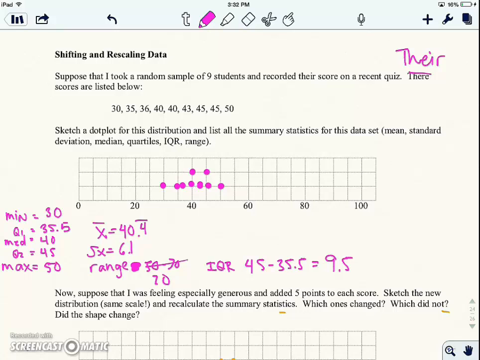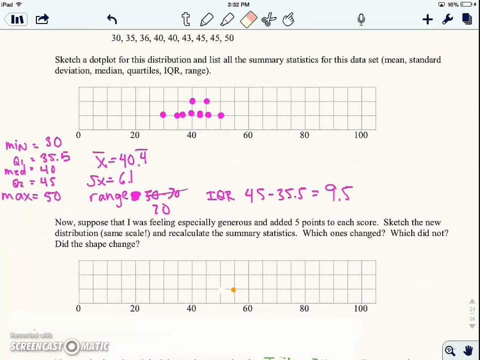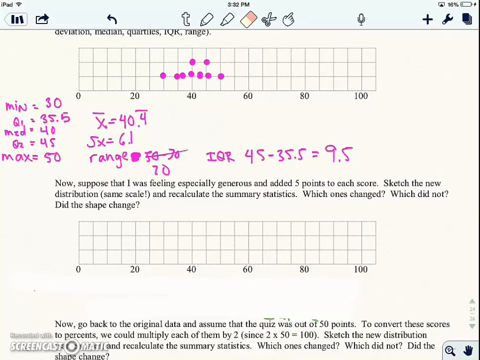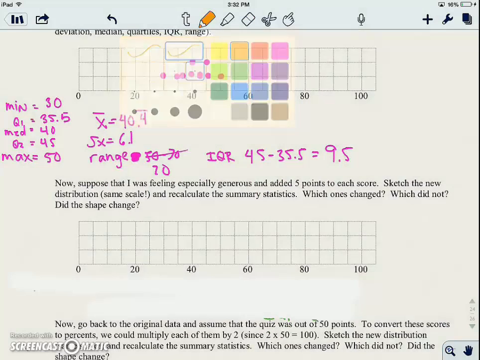Now suppose I was feeling especially generous and added 5 points to each score. Sketch the new distribution with the same scale, that's key so you can see what's going on, and recalculate the summary statistics. I could just do that in my head.